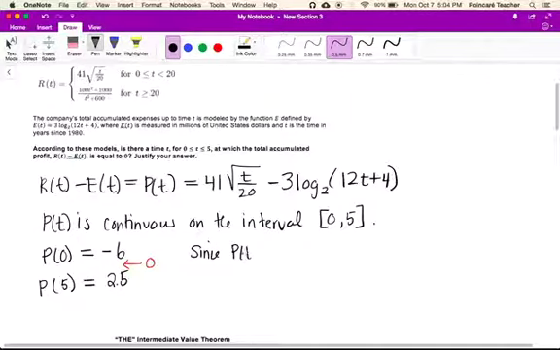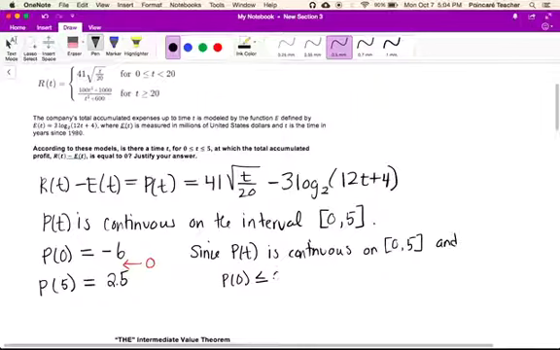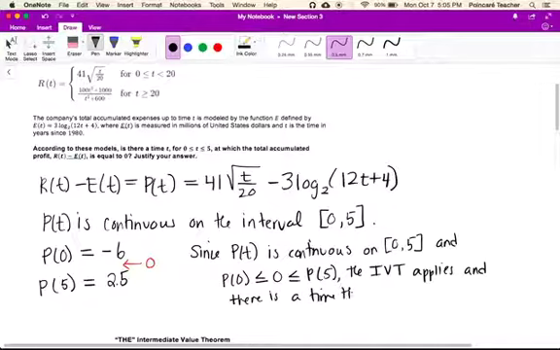Since P of t is continuous on [0, 5], and P of 0 is less than or equal to 0, which is less than or equal to P of 5, the intermediate value theorem applies, and there is a time that P of t is equal to 0.